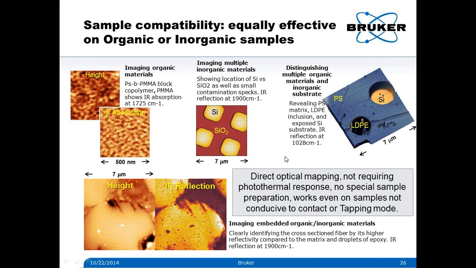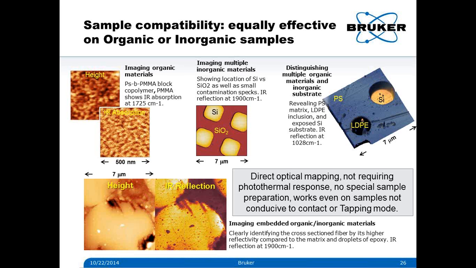Now, we can also combine organic and inorganic materials, shown here, where we look at the polystyrene and low-density polyethylene sample. But here, there's a region where we can actually look down to the substrate, to the silicon, in infrared reflection. That's an infrared reflection image. And we see that silicon is highly reflective in this case.